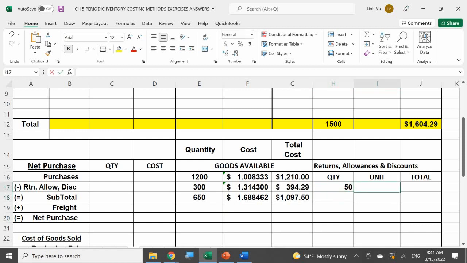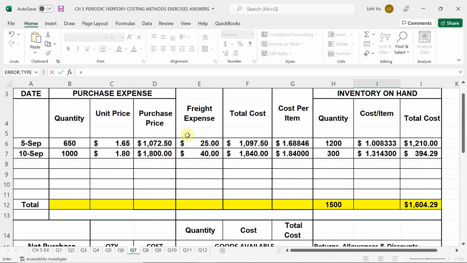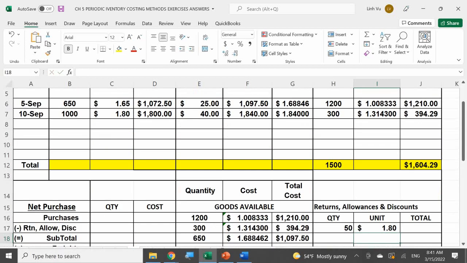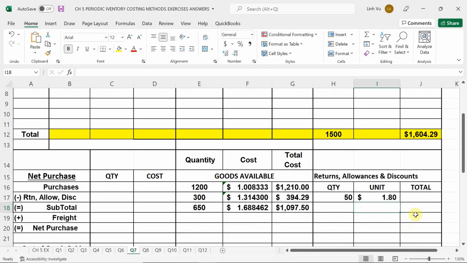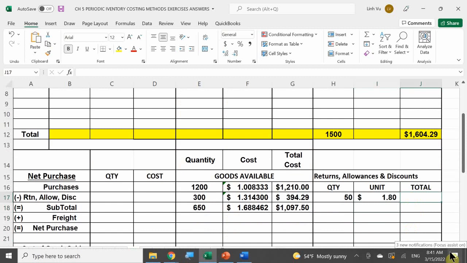At what cost per item? $1.80, right? Because we are assuming it's the batch that we most recently purchased. Our job is to open up every box to ensure that they all work, and we found that 50 of them are defective.